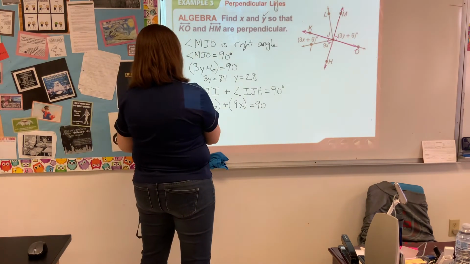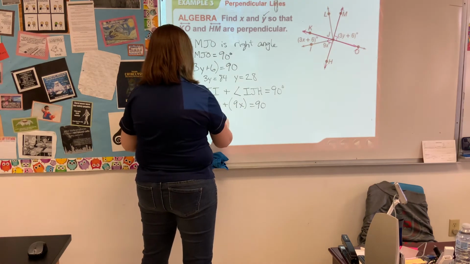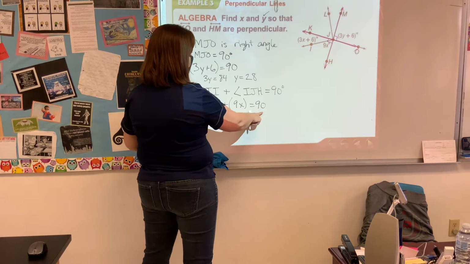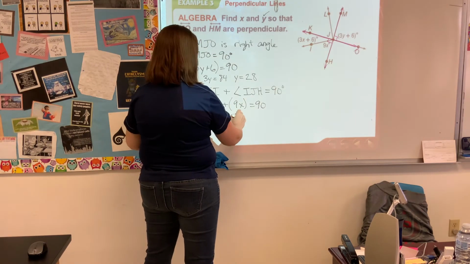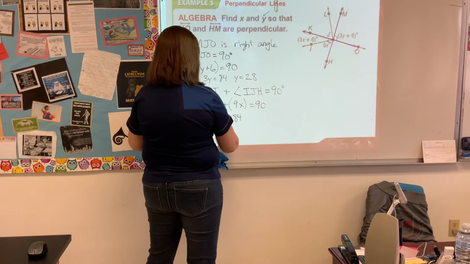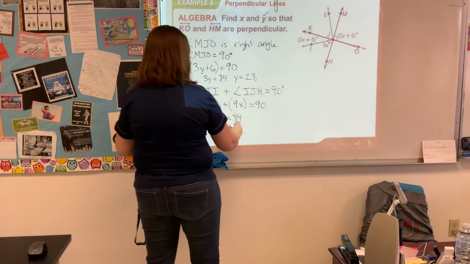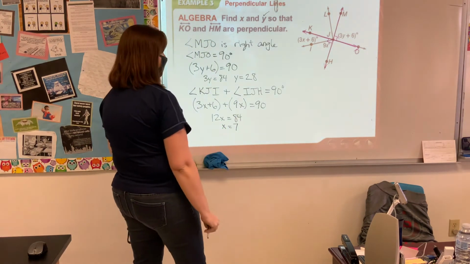Okay? 3x plus 9x, we have a total of 12x on this side. We'll bring the 6 over to this, minus 6. We're back with that 84 number again. 12 goes into 84 7 times.